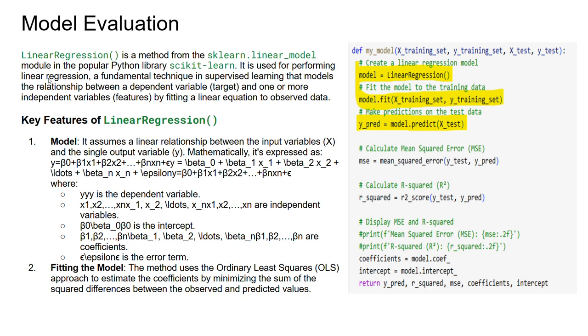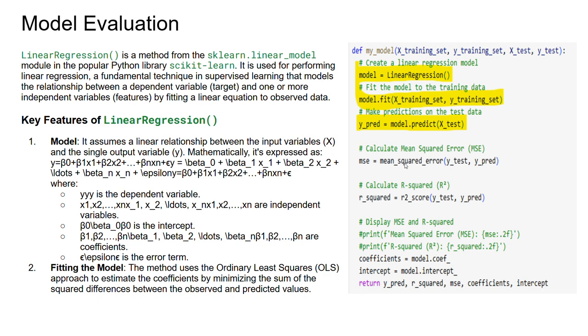Now, for the actual model evaluation, I'm using the linear regression function from scikit-learn. Basically you create an instance of this linear regression class from the scikit-learn library in Python, fit the model to the training set, and make a prediction on the X test.